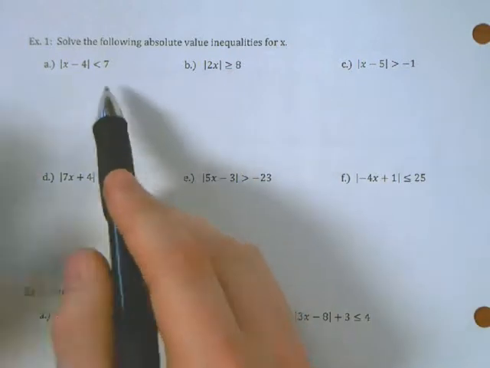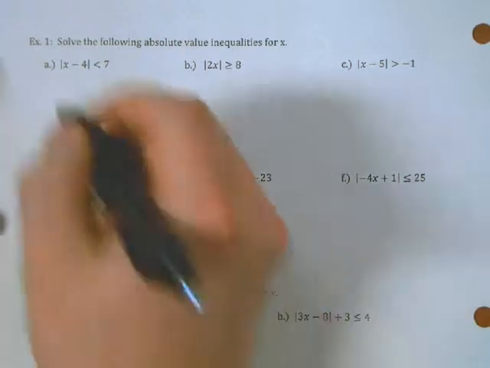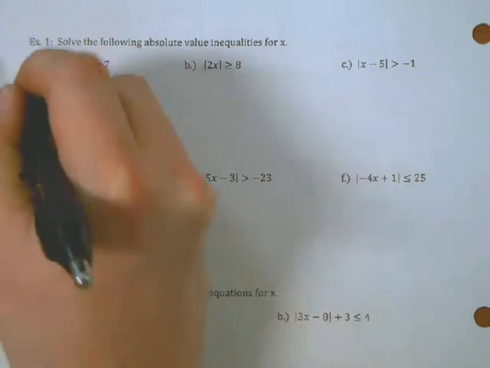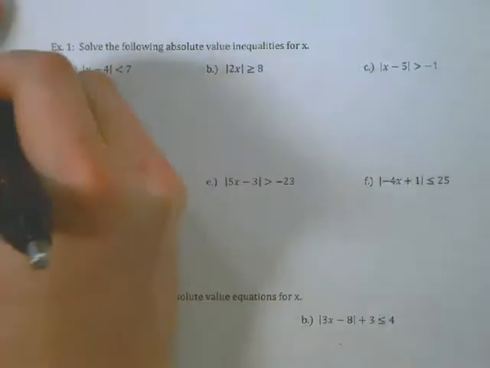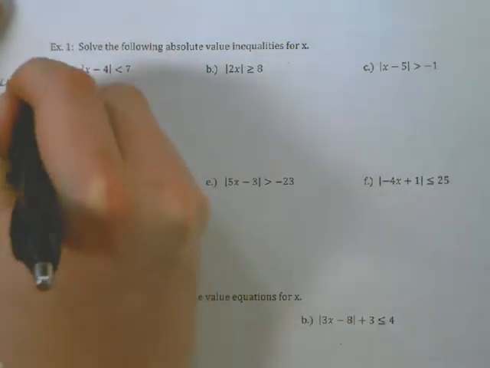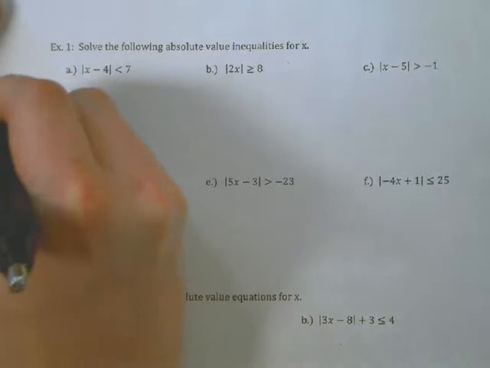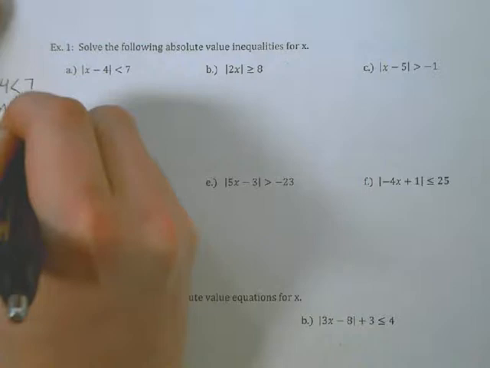So here's how I'm going to write this. You can write this as x minus 4 is less than 7 and negative 7 is less than x minus 4.